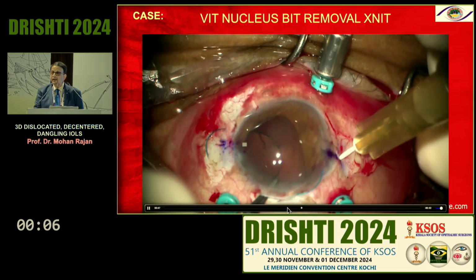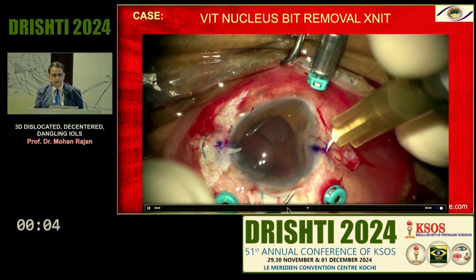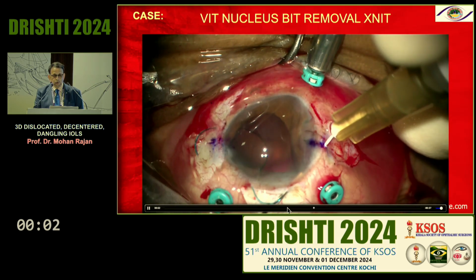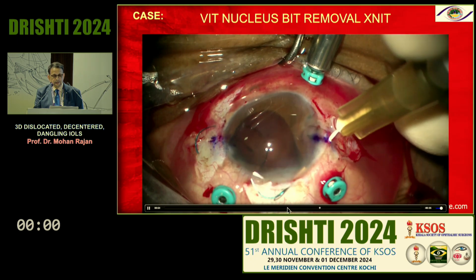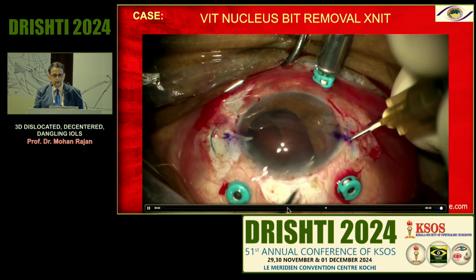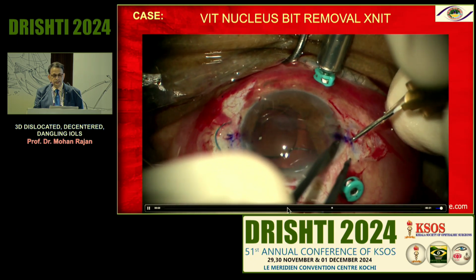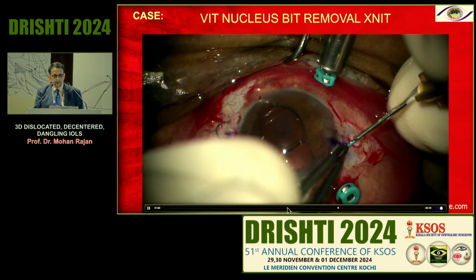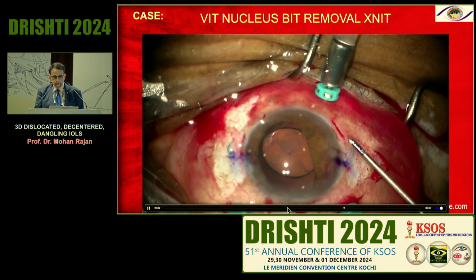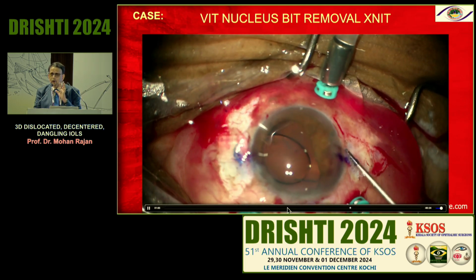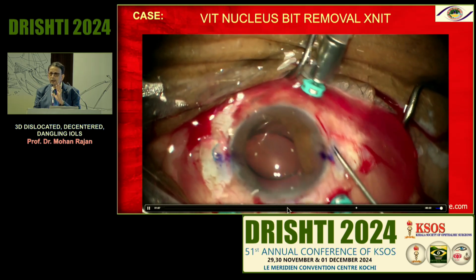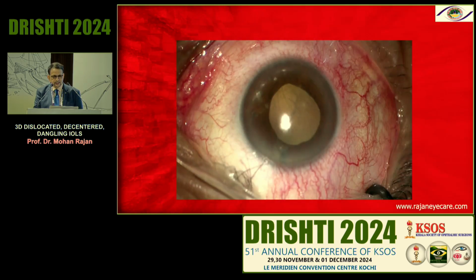Only thing in the Yamane technique, you need to put a rigid multi-piece lens, and because you need to go through a 26 gauge needle, you need to have a scleral incision and go through that. You can see here, pass a bent 26 gauge needle and loop that haptic into this thing without any problem at all. So the main protocol is 0-180 degrees and making sure there is no vitreous in the anterior chamber. Again, another patient, you can see here, this is the patient.